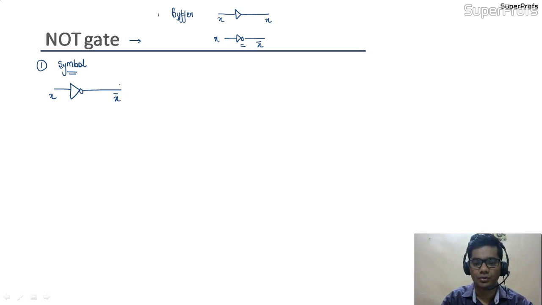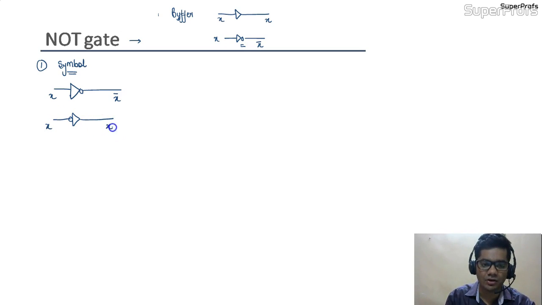Okay, this is the output. Now we can represent it in another way. If the input is this, first we are doing the complement, then we are taking it through the buffer. So the output would be X bar, that is X complement. Okay, so this is the symbol.